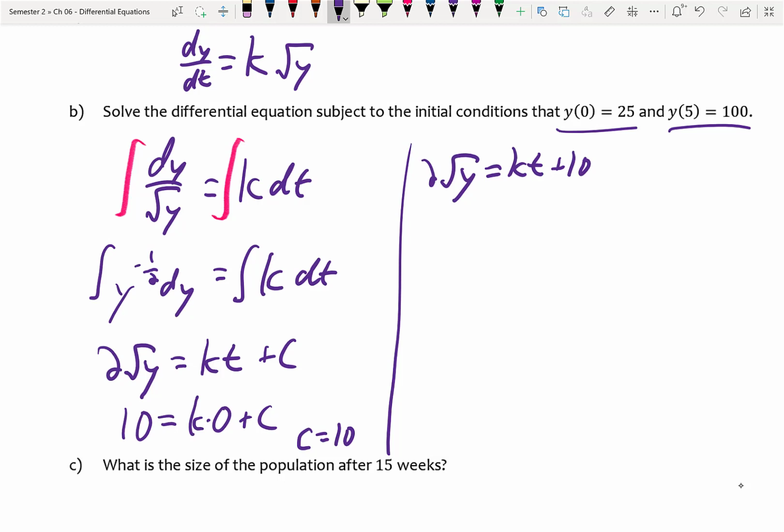I could plug in, and I could divide by 2, whenever I want, but let's plug in the second ordered pair and see if we can get k now. So I'm going to plug this in, and I get 2 times 10 is equal to 5k plus 10. That would be 10 is equal to 5k, or k is equal to 2.